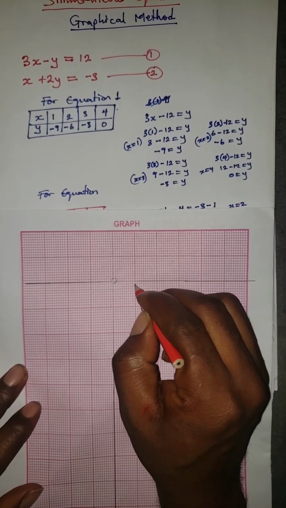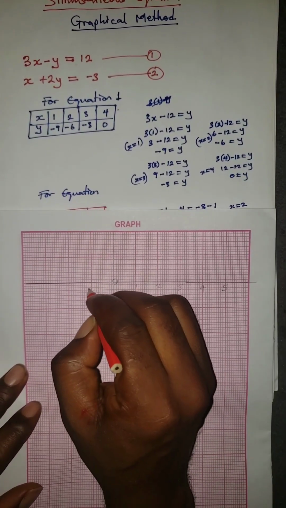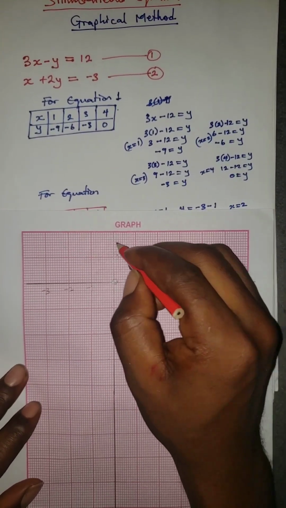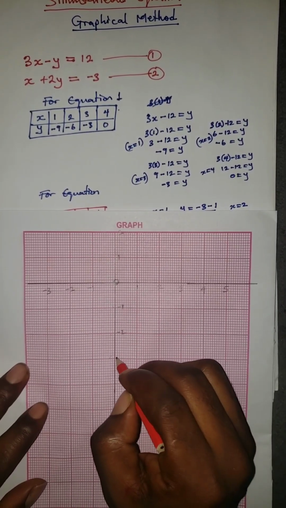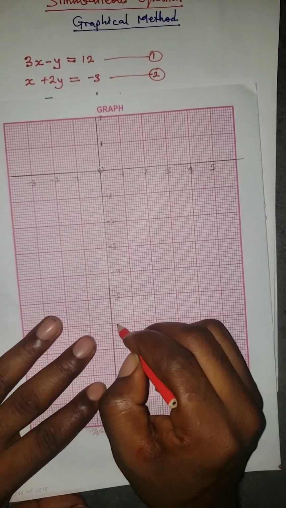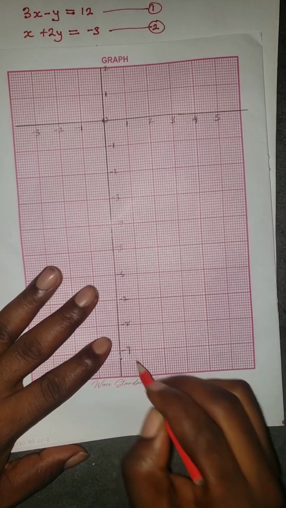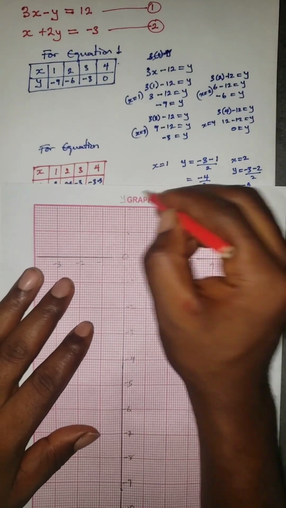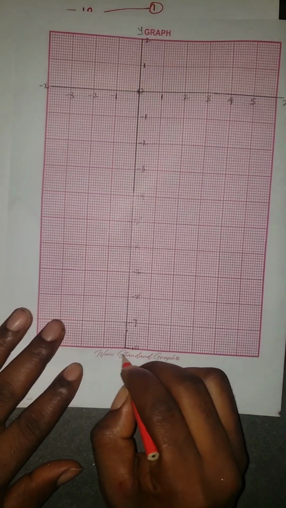So let's take it as 1, 2, 3, 4, 5, -1, -2, -3, -4, -5, -6, -7, -8, -9, -10. So here is our positive x, our positive y, our negative x, and our negative y.